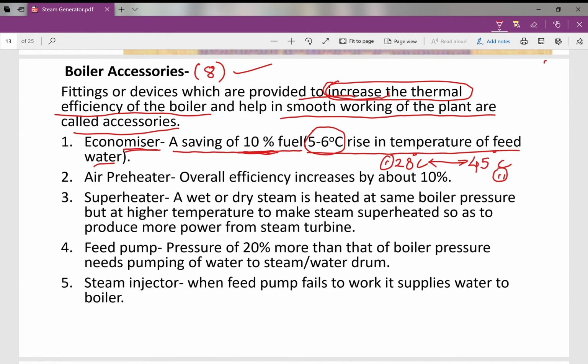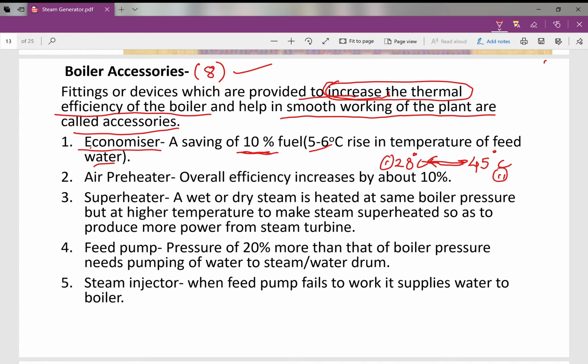Likewise, if there is only a 5 to 6 degree temperature rise, there could be a 10% fuel saving. If this gap is larger, the saving would increase, and hence our purpose is to supply hot water to the boiler, and hence there could be a saving of fuel, an economy of fuel. Therefore the word written is economizer.